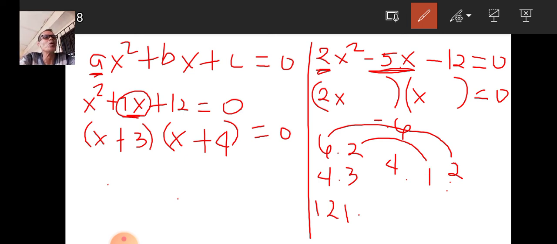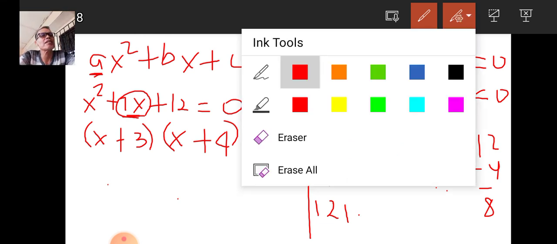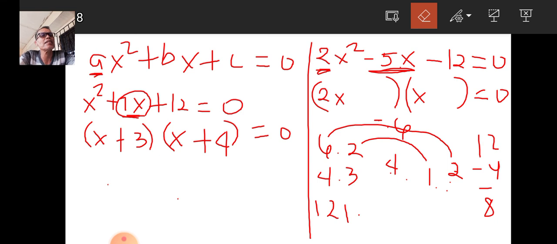So if you multiply 6 times 2 is 12, and then 4 times 1 is 4. So 12 minus 4, you will have 8. But the middle term is negative 5x. So therefore, 6 and 2 is no longer possible. Okay?